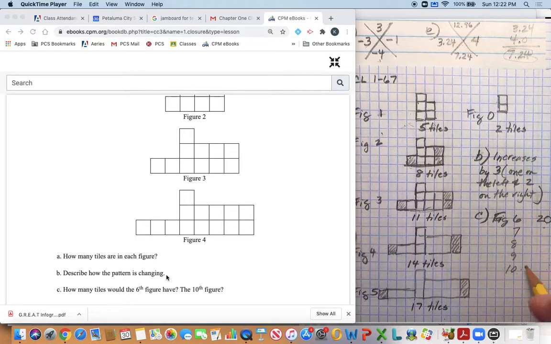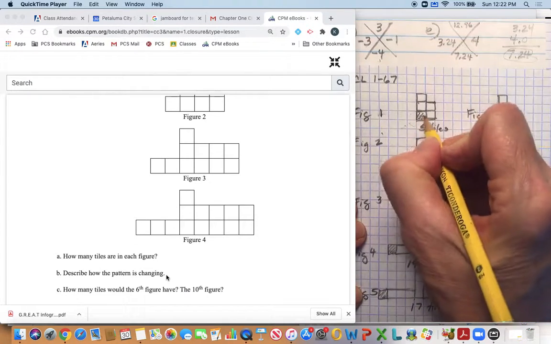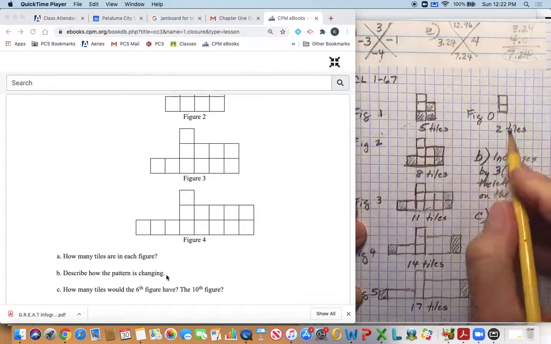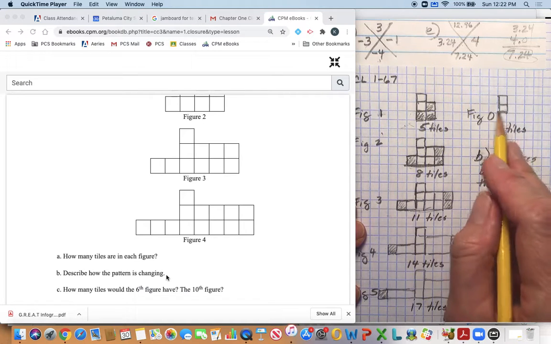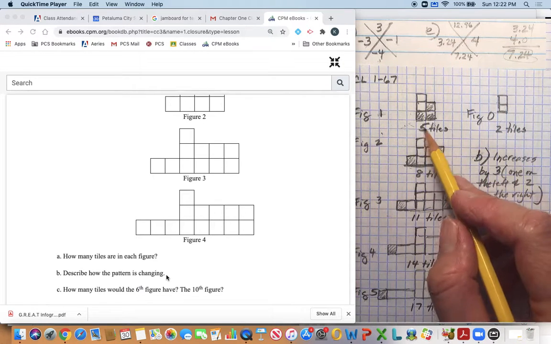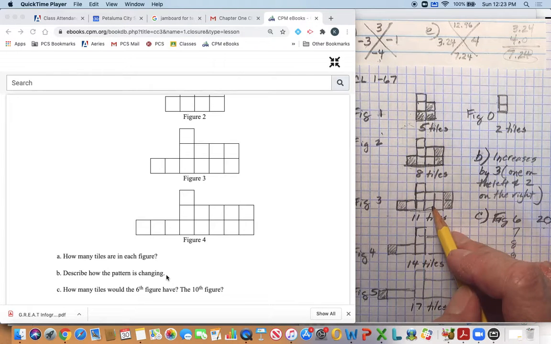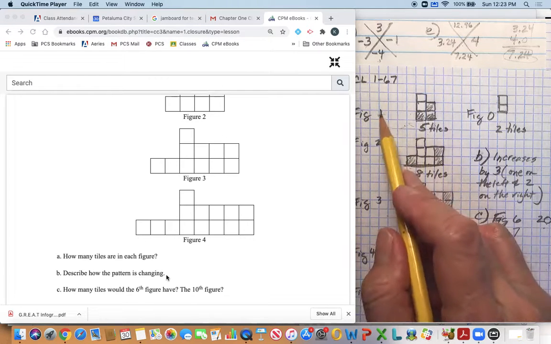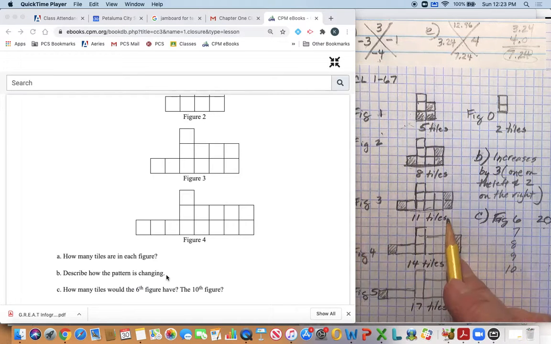The other thing I can do is say to myself, before I started adding 3 tiles each time, I just had 2. So with figure 1, I added 3. Figure 2, I added 3. Figure 3, I added 3. So 1 time I added 3, 2 times I added 3, 3 times, 4 times.